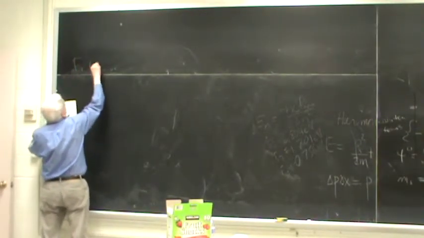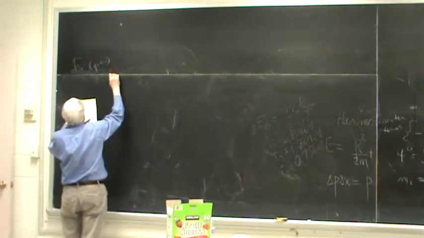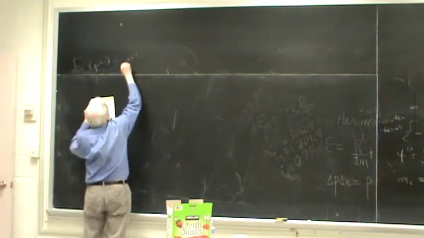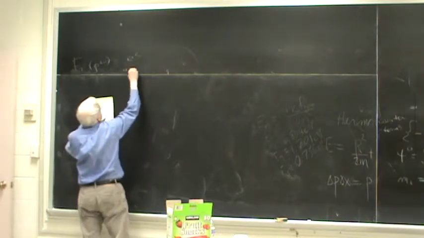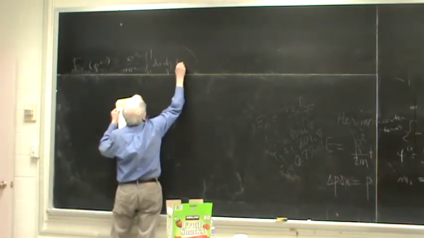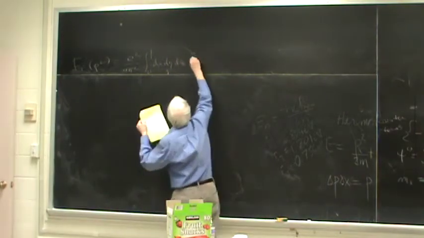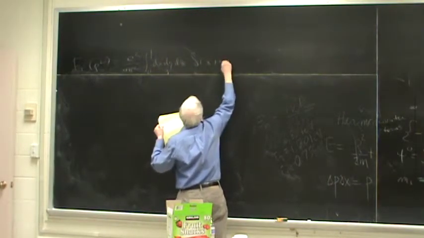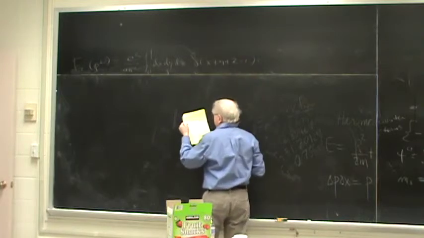F2 of p squared, this is what we found, okay? e squared over 4 pi squared, integral 0 to 1 dx, dy, dz, delta of x plus y plus z minus 1. This is the Feynman trick, okay?